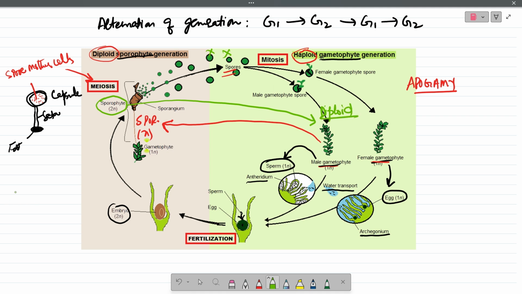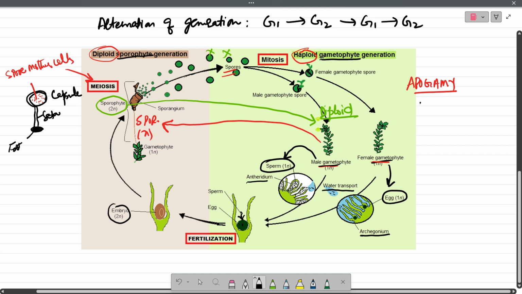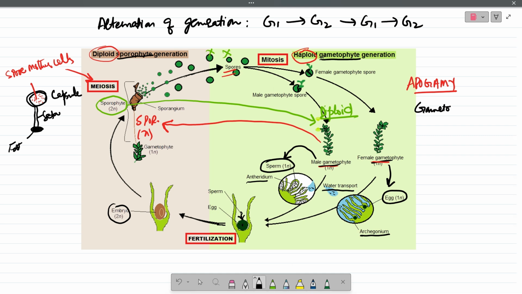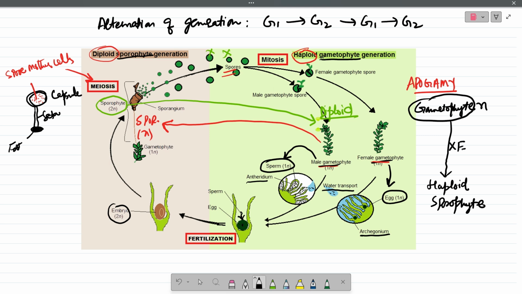Diploid gametophyte. Okay, so let me repeat it once again. Apogamy: you have a gametophyte, which is n. It gives rise to a haploid sporophyte because no fertilization takes place.